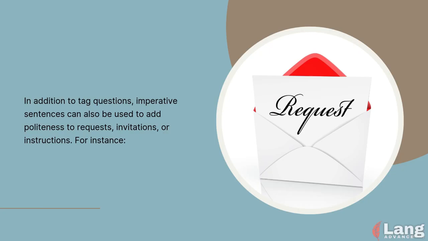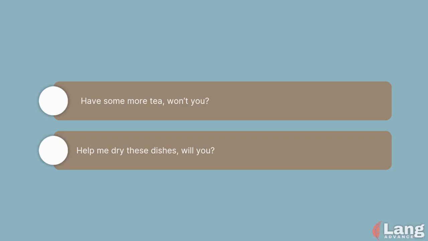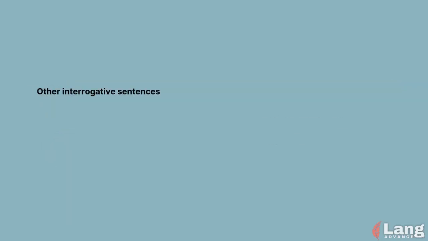In addition to the above, tag questions can also be used with imperative sentences to add politeness to requests, invitations, or instructions. For instance, have some more tea, won't you? Help me dry these dishes, will you? Other interrogative sentences.